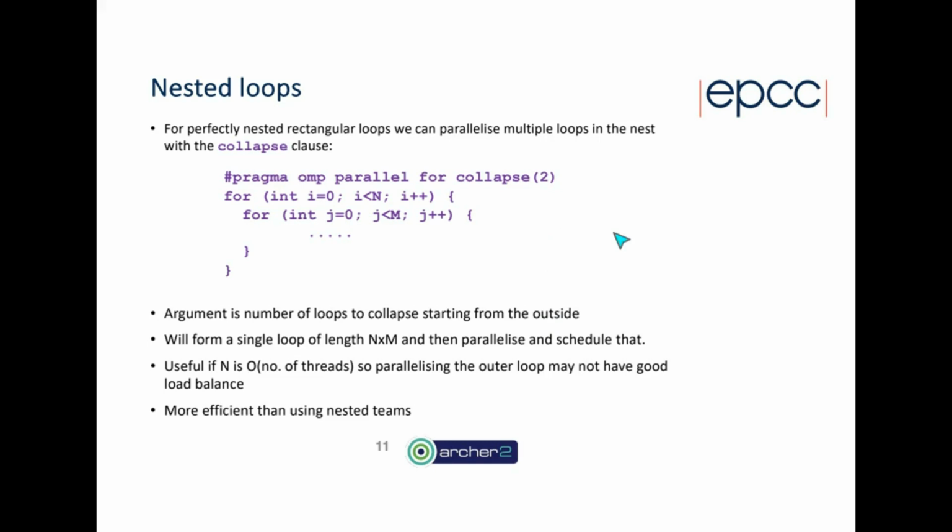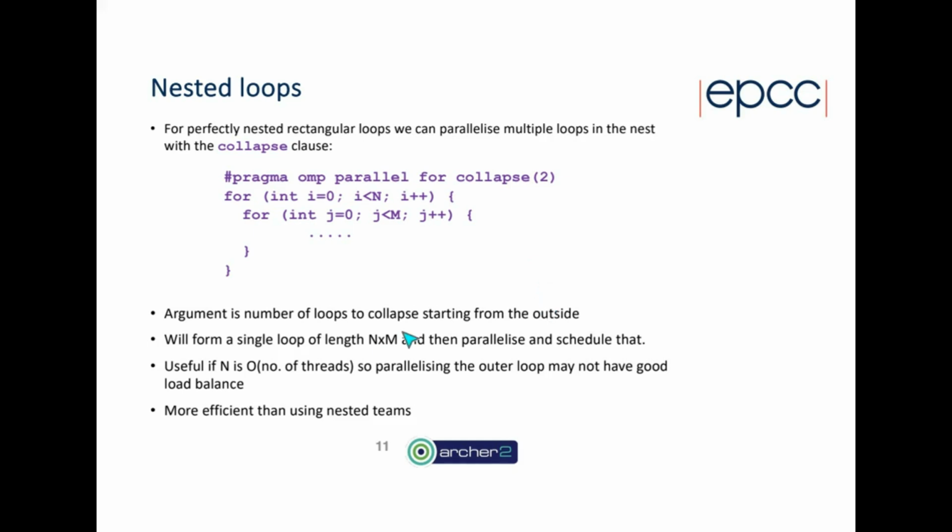So in this case, what will happen is the collapse clause will cause the compiler to create a single loop here of length n times n. So it'll replace this doubly nested loop with a single loop of n times n, and then fix up all the indexing inside.